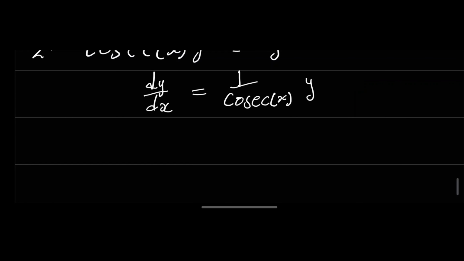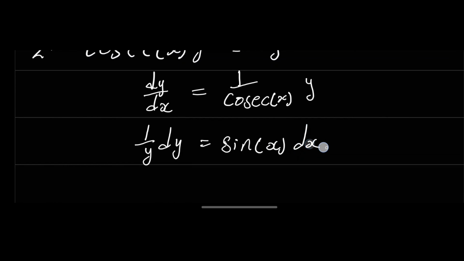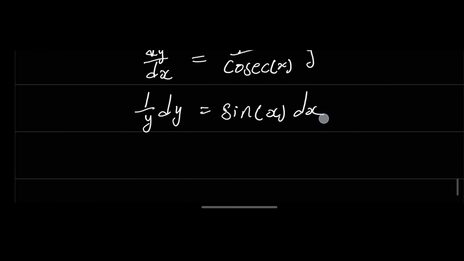Okay, I can divide both sides by y and then multiply both sides by dx. I told you we are breaking the rule again. So 1 over y dy equal to, but 1 over cosec is sine. I mean 1 over sine is cosec, so that means 1 over cosec is sine again. So this is what I mean. Good.